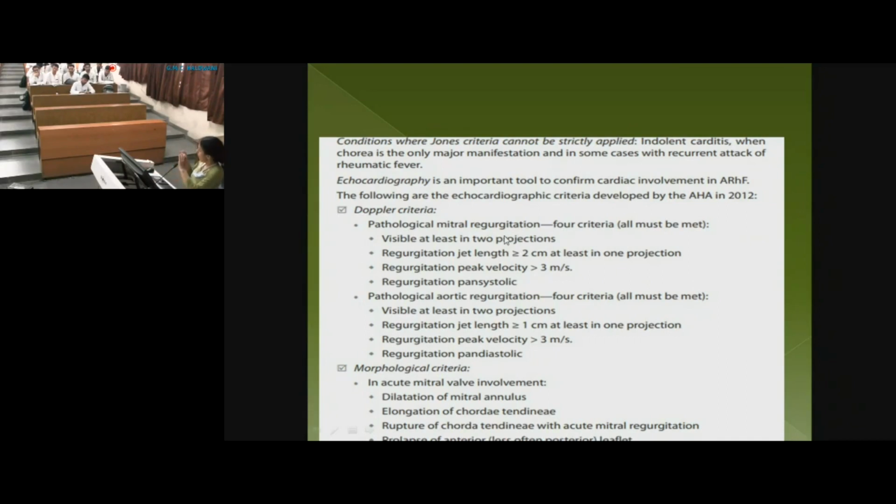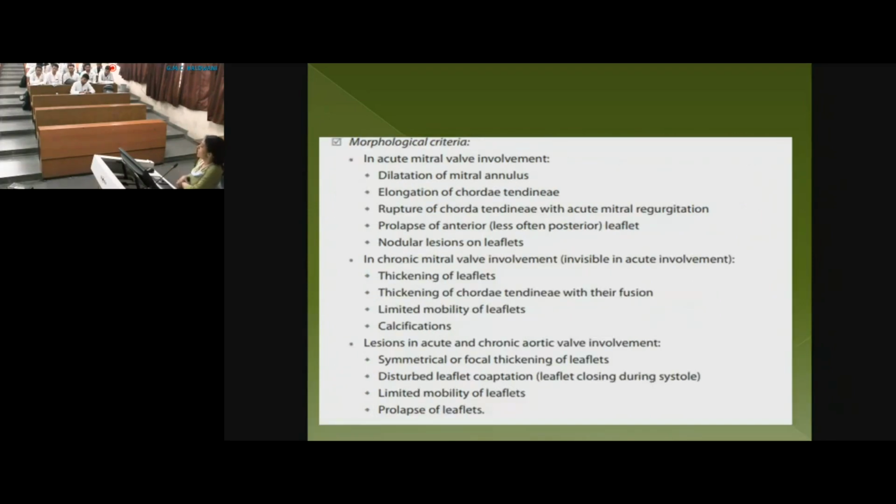If you find that the valve annulus is dilated, or the chordae tendineae is elongated or ruptured, or there is valve prolapse, or there is a jet velocity of more than 2 centimeters in true projection, mostly in the mitral and aortic valve, or the valves are thickened, the mobility is reduced, or you have a nodule at the tip, then any echocardiographic finding which suggests valvular involvement in the absence of clinical features is known as subclinical carditis. And that is also taken as a major criterion, right?